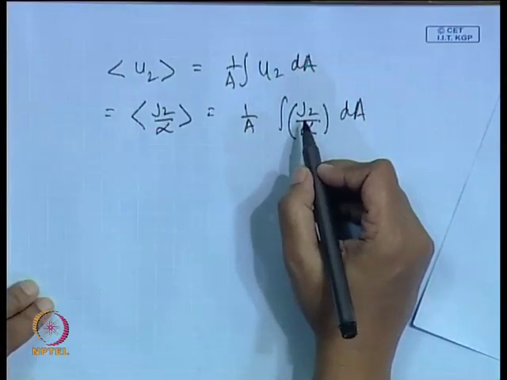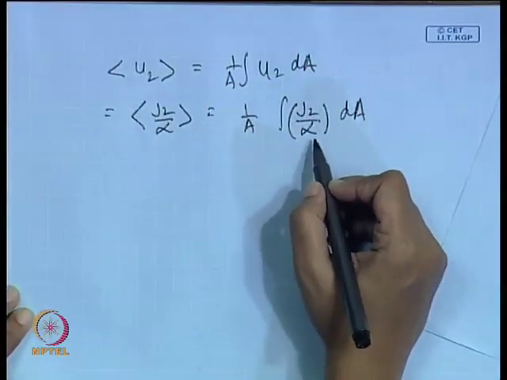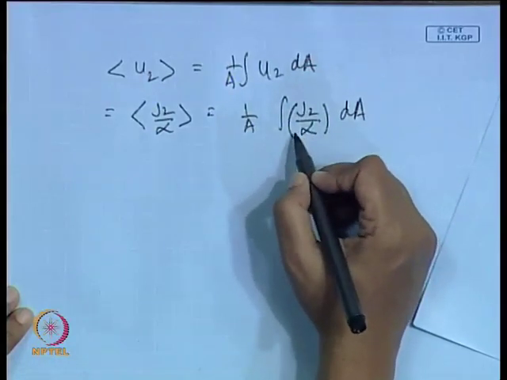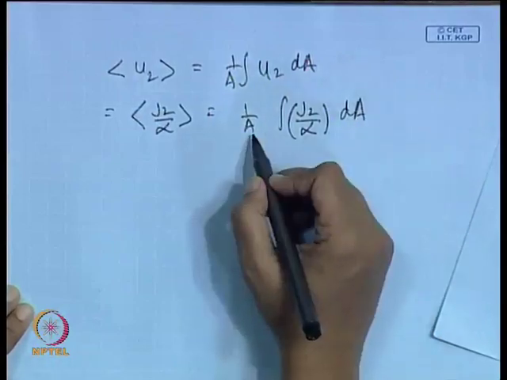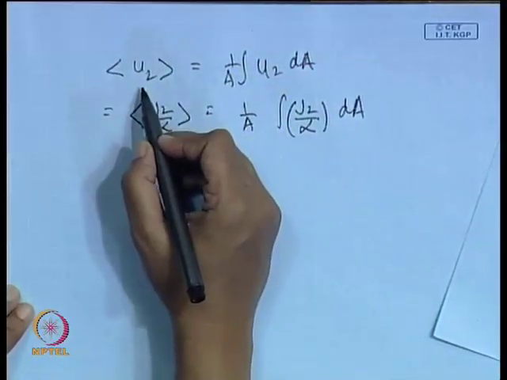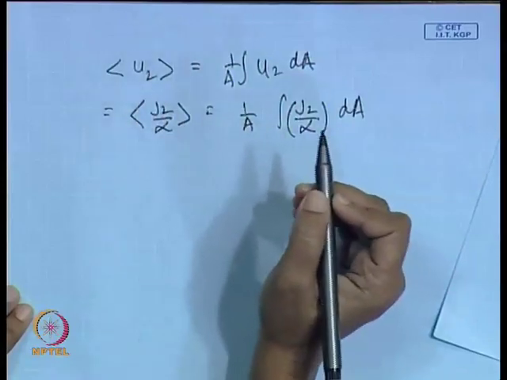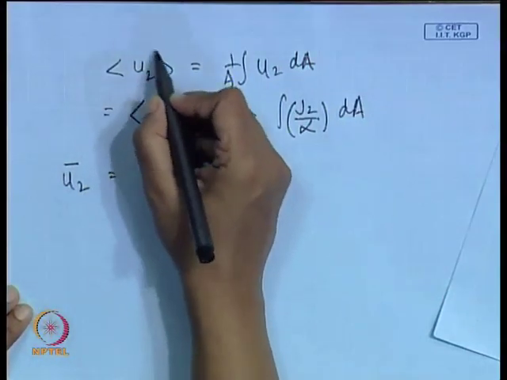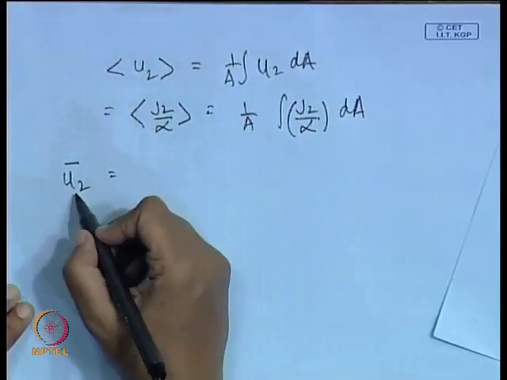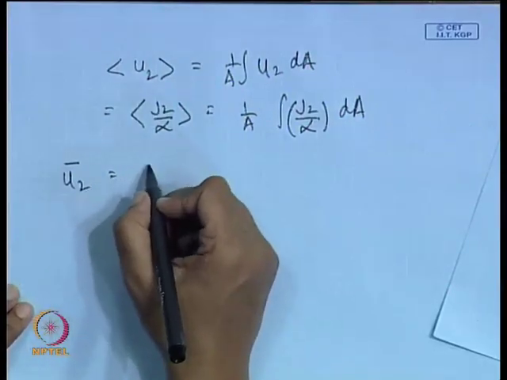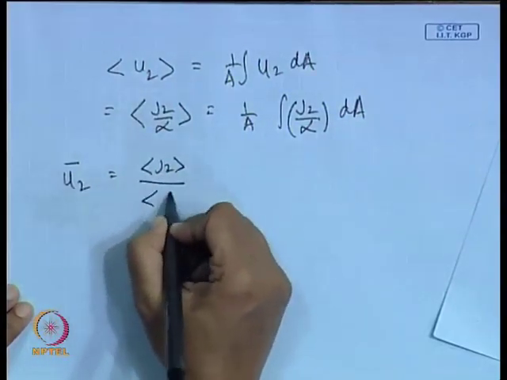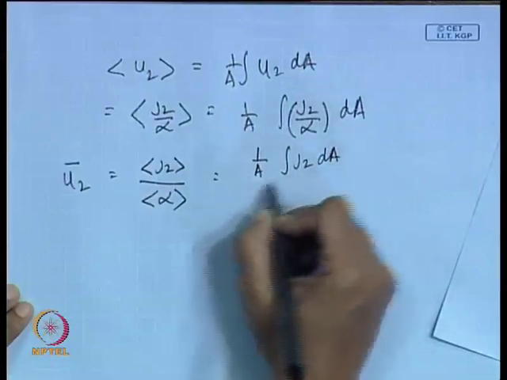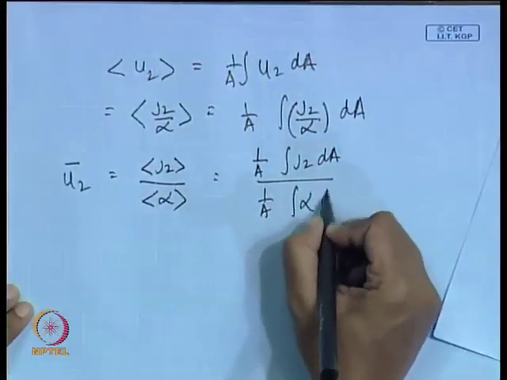That means for each particular point you measure J2, you measure alpha, you divide the two, get the quotient, and then that quotient you integrate over the entire cross sectional area divided by the area, that gives you the average of the local velocity. And when you talk about the weighted mean average velocity, this means average J2 by average alpha, which is nothing but equal to 1 by A integral J2 dA divided by 1 by A integral alpha dA.